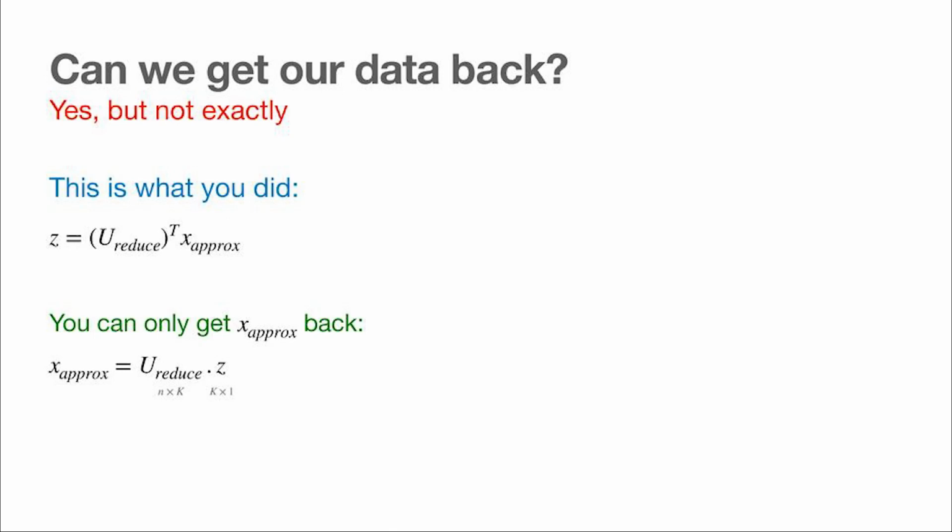Yes, you can get your data back, but it will lose 10% of the information that you already had. You cannot totally get your data back because you lost some amount of variance. Because you reduced something, you have to give something for that too.